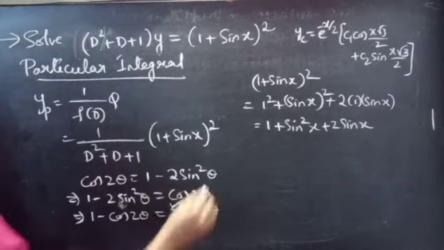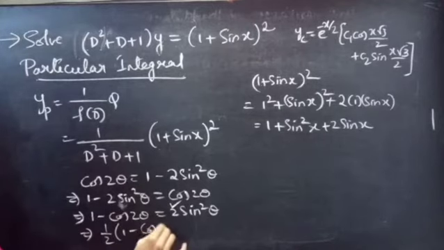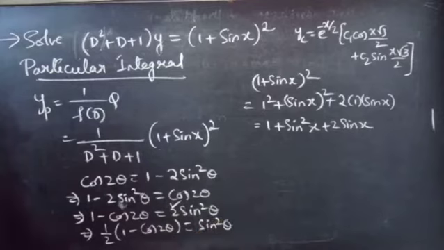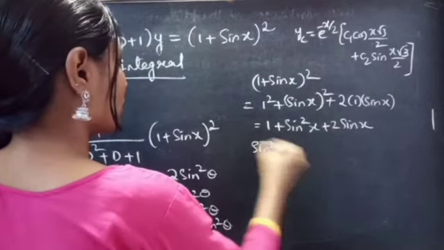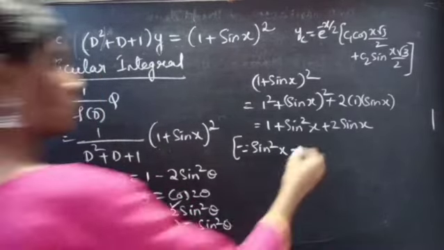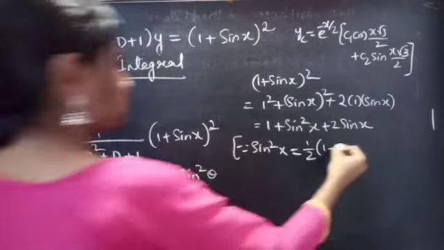Now bring this 2 to the LHS. We'll get 1 by 2 into 1 minus cos 2 theta equals sine square theta, right? Since sine square theta equals 1 by 2 into 1 minus cos 2 theta, then for theta equals x, we'll get sine square x equals 1 by 2 into 1 minus cos 2x, right?